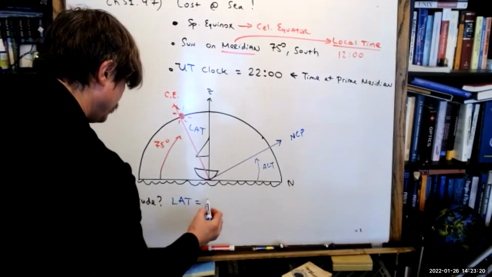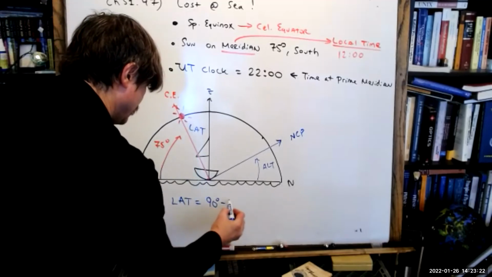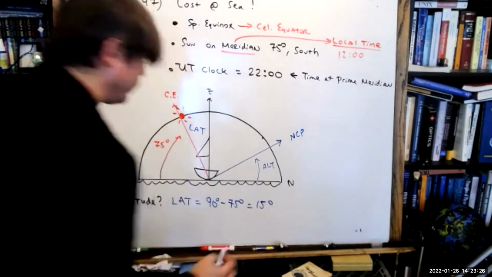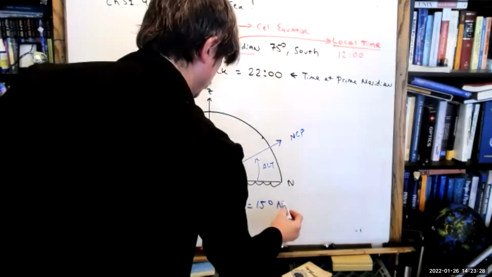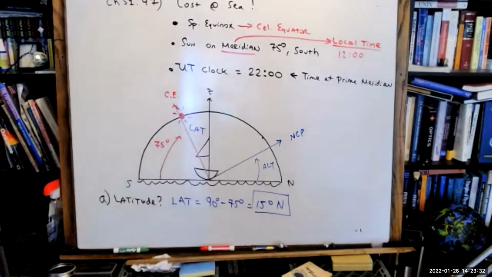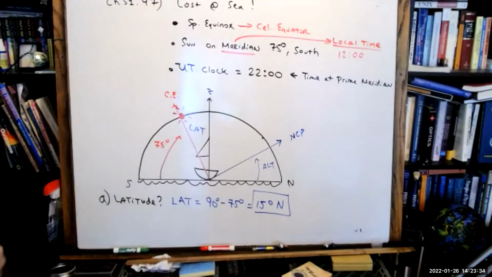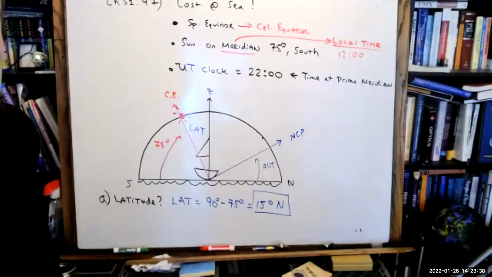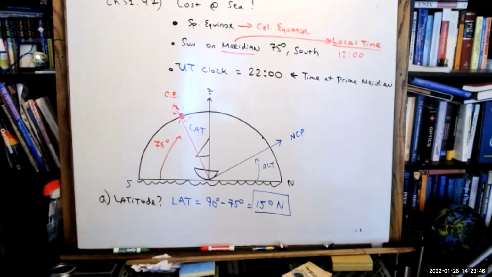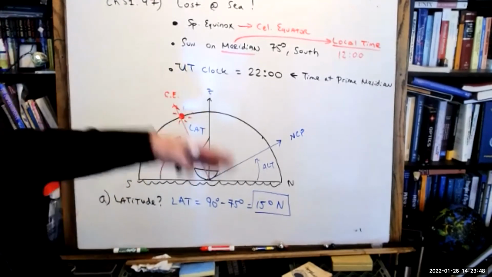The latitude is 90 degrees minus 75 degrees, 15 degrees. And it's 15 degrees north because you're north of the equator, or of the celestial equator. If the sun is in the southern sky on the spring equinox, you're in the north. If the celestial equator is in the southern sky, you're in the north.